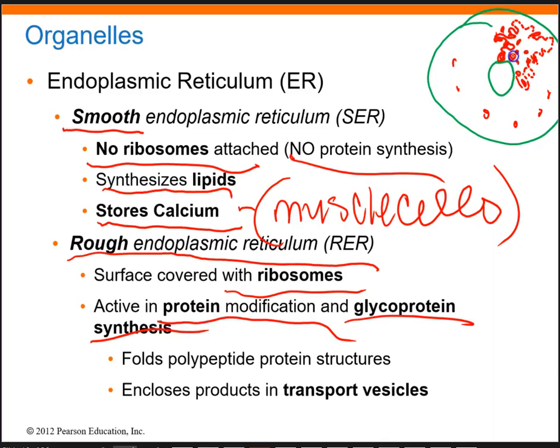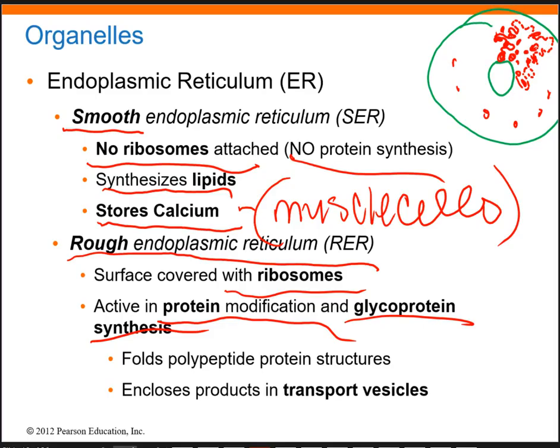Remember that these ribosomes on the surface are going to start making proteins, right? They connect a bunch of amino acids and then they shove that polypeptide into the rough ER. Well, the rough ER takes that polypeptide and does stuff to it. It can cut off the ends or connect it with something else and start to help it fold into its shape.